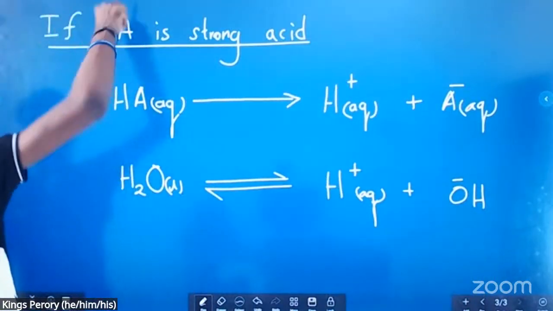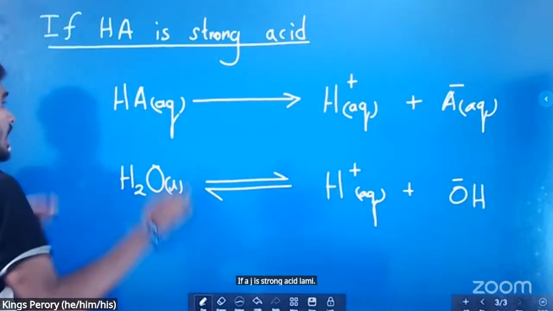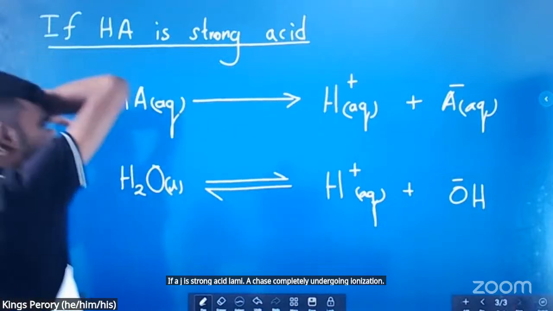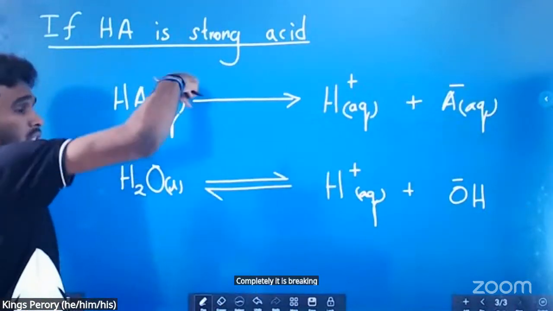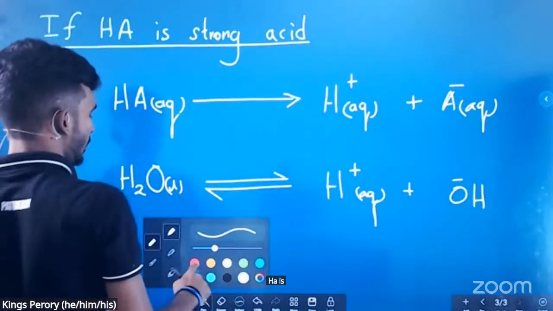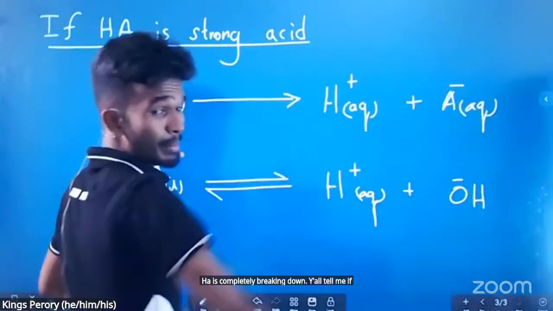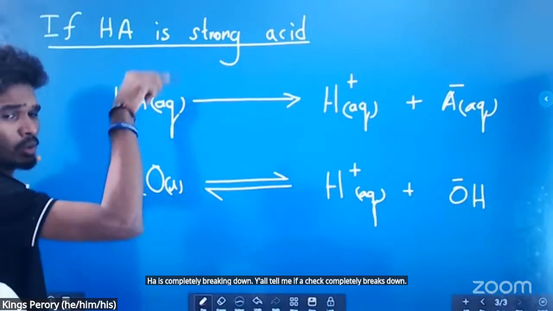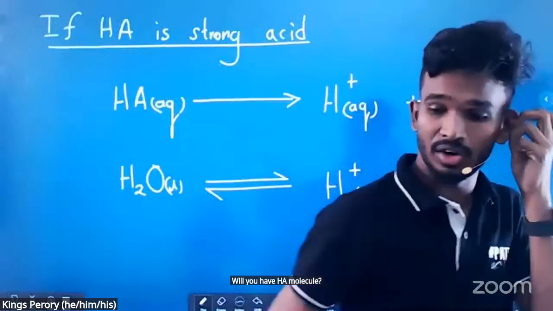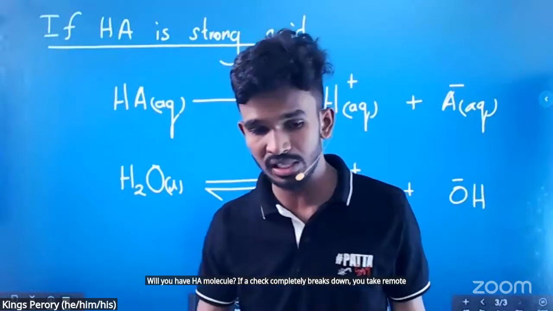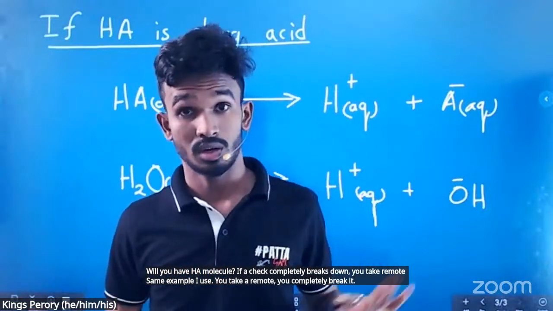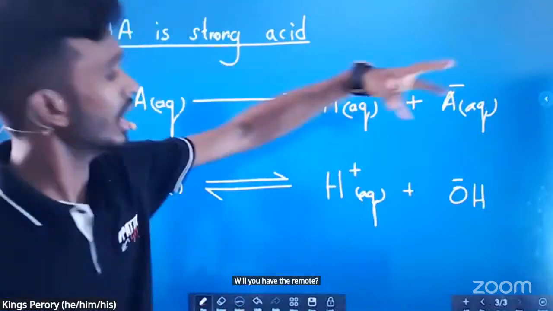If HA is a strong acid, HA is completely undergoing ionization. Completely it is breaking down. You tell me, if HA completely breaks down, will you have the HA molecule? Take the remote, the same example I use. You take a remote and completely break it. Will you have the remote? HA is completely undergoing ionization.